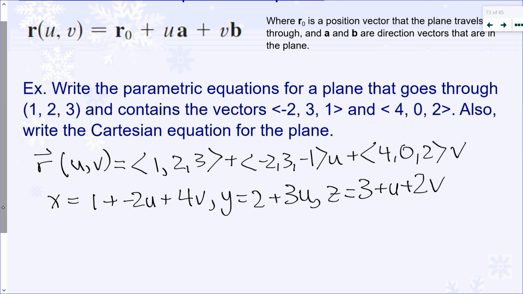And I just wanted to remind you how, given we know this information about two vectors that are in the plane and a point the plane travels through, we would write the Cartesian equation for the plane, to remind you how we did that in chapter 9. Do you all remember?